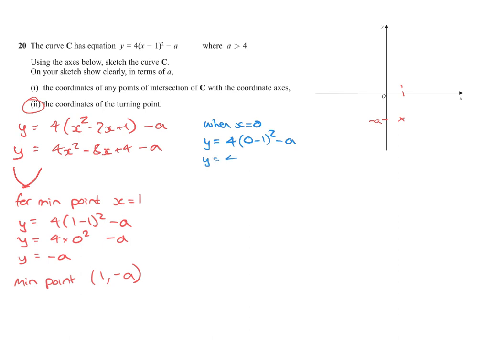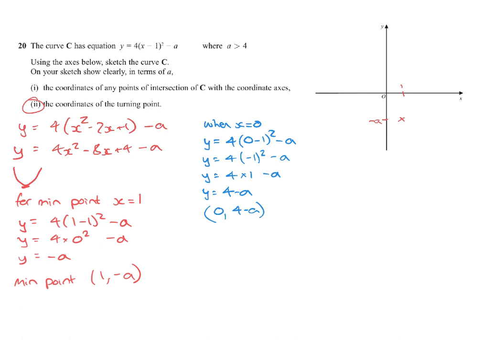So y is equal to 4 multiplied by minus 1 squared minus a. Minus 1 squared is 1, so multiply by 1, minus a. So y is equal to 4 minus a. So we know that when x is equal to 0, y is equal to 4 minus a.